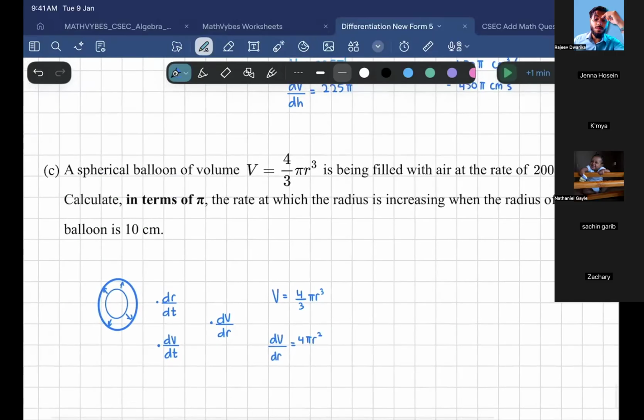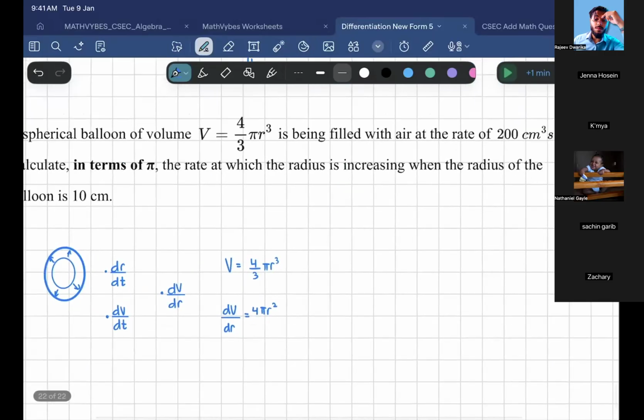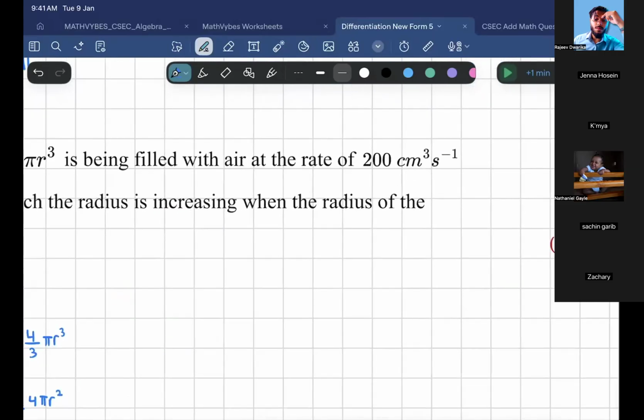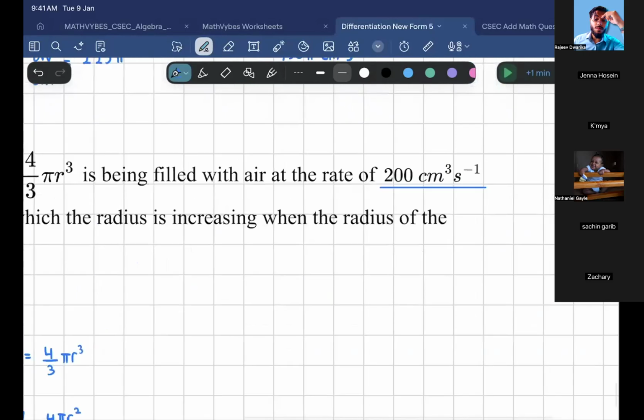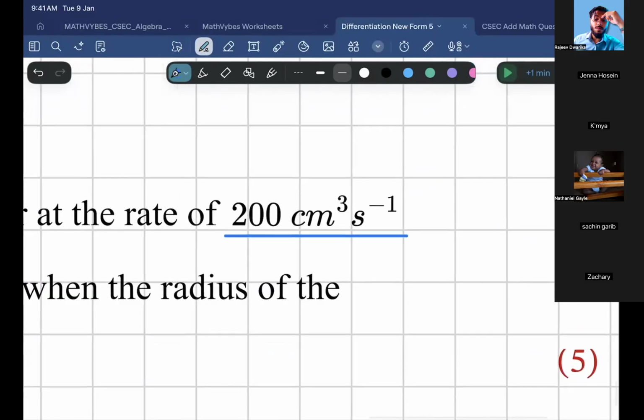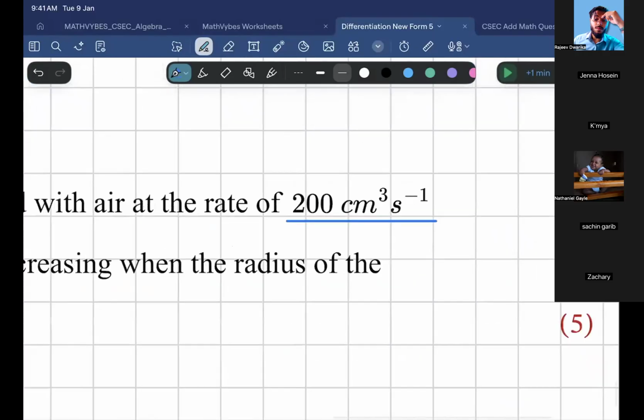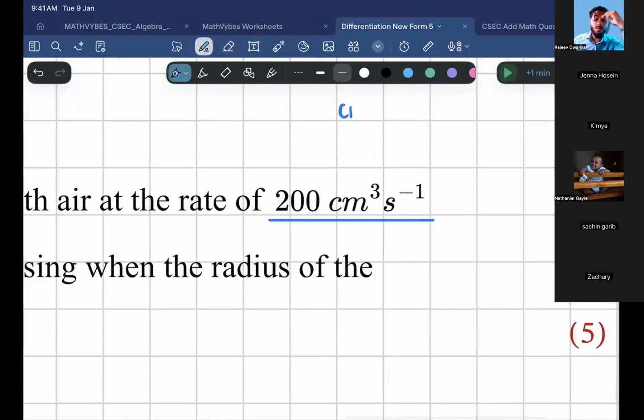You with me? And they're telling us it's being filled with air at a rate of 200 centimeters cubed per second. They're not telling you explicitly, but you can look at the units to figure out what rate of change this is. Centimeters cubed per second. What do you measure in centimeters cubed?